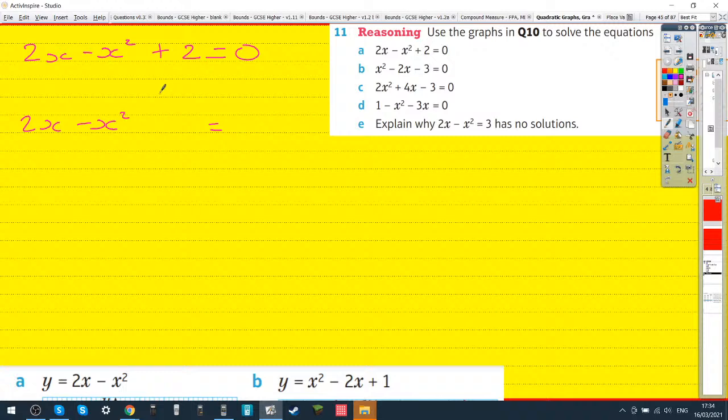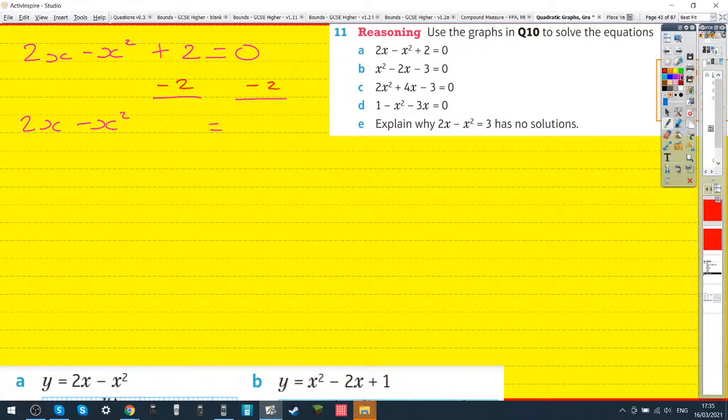So what do you have to do to both sides to change the top into the bottom? You have to subtract 2 from both sides.